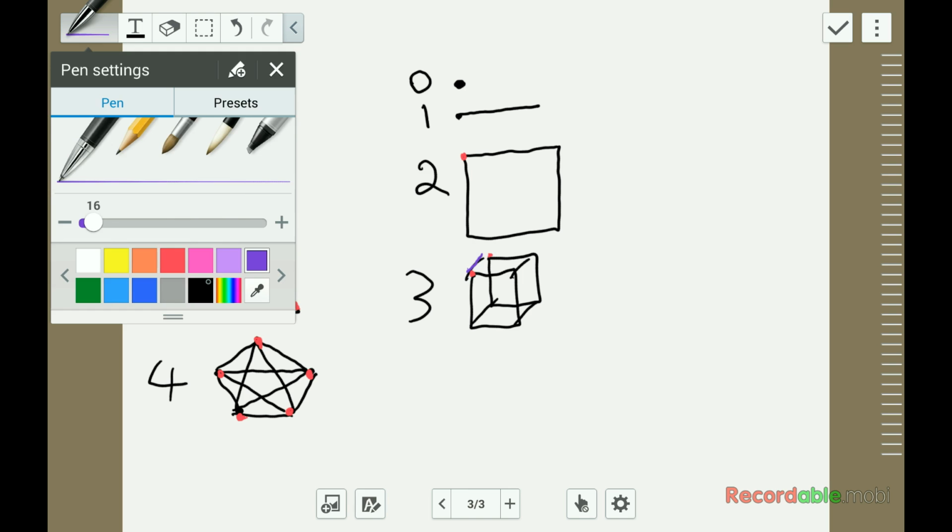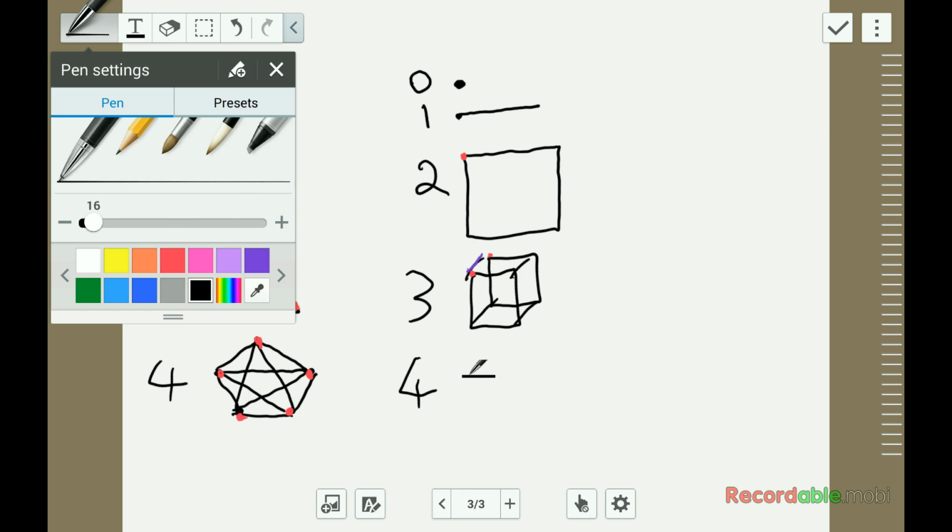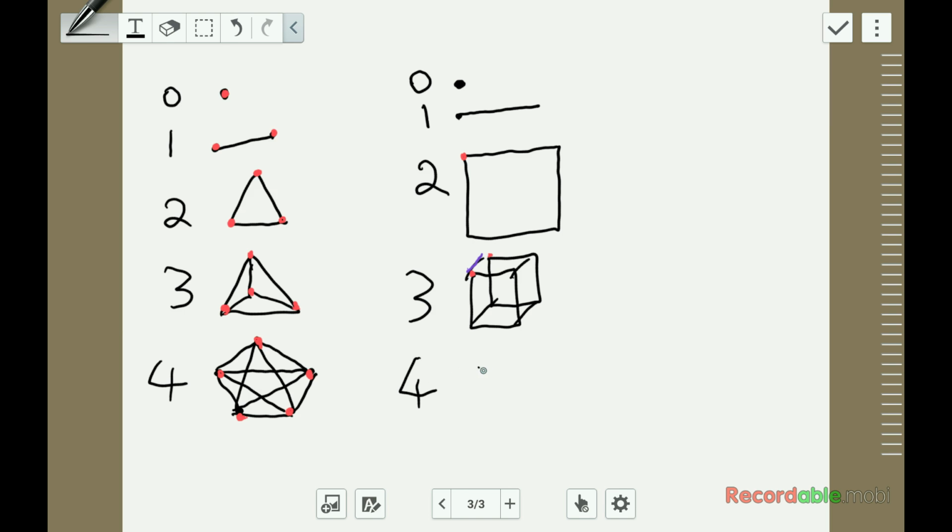Okay, so how do we draw the hypercube? Well, we're going to take the cube and we're going to shift it in yet another perpendicular direction. Let's now draw the hypercube. Just before I do that, I want to say that I can draw this cube here in a simpler way, distorting it a little bit, like so.